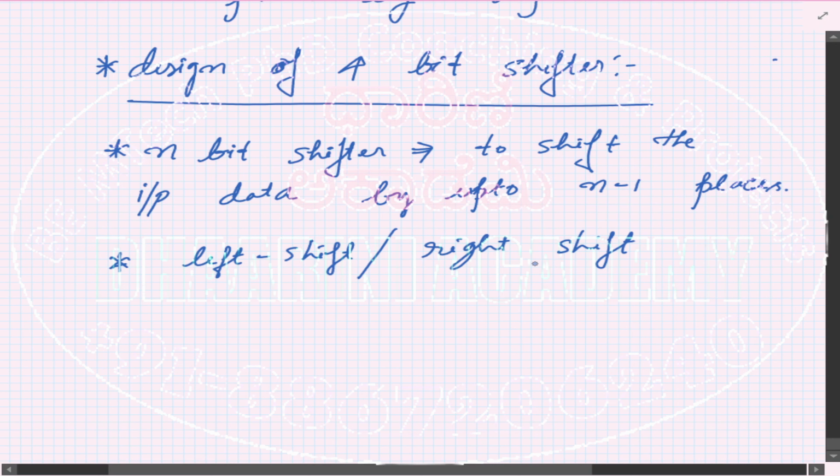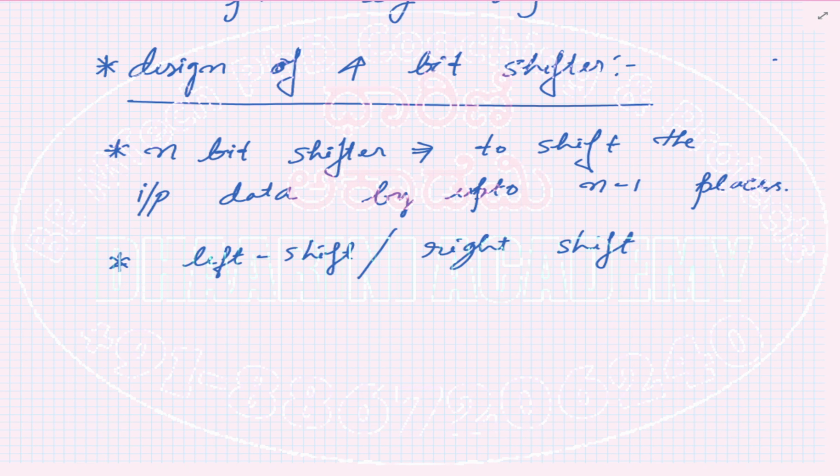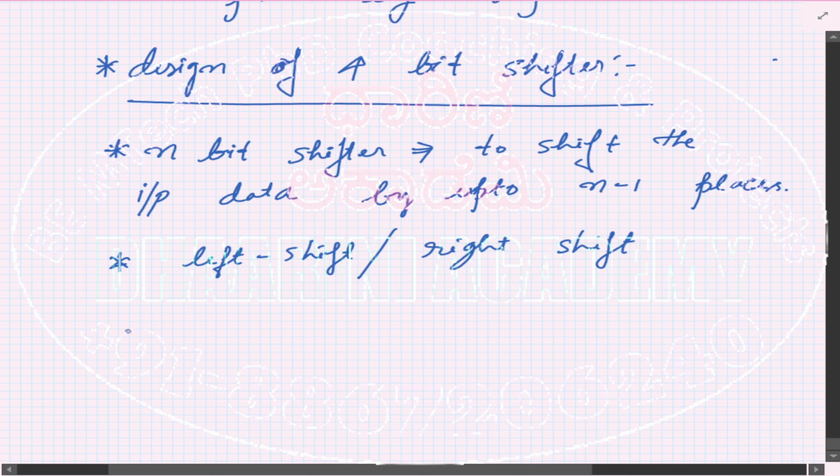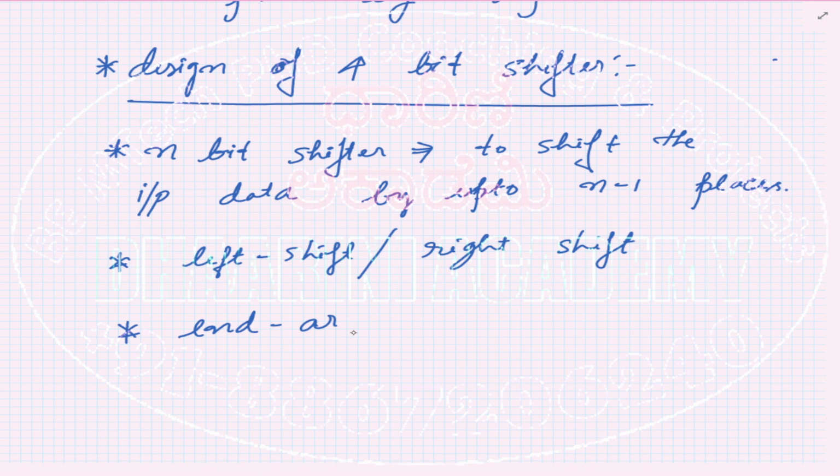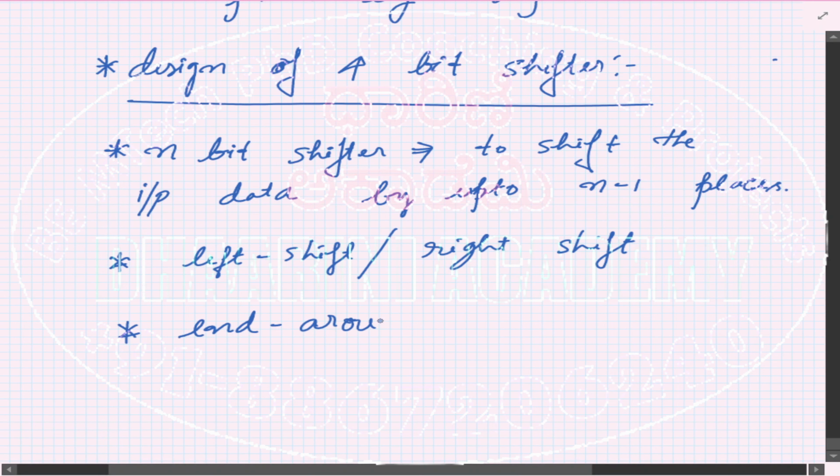Then any bit shifted out of the end of the data should be shifted back to the first. Correct? So this is called end around shift.